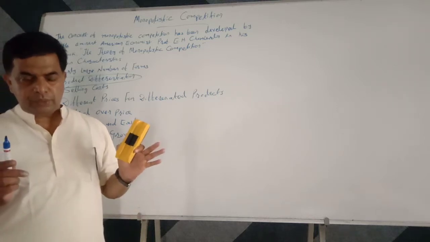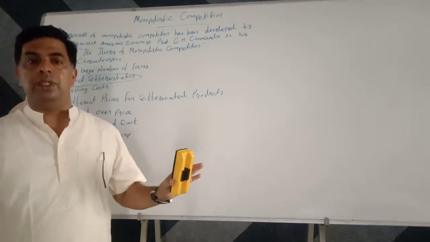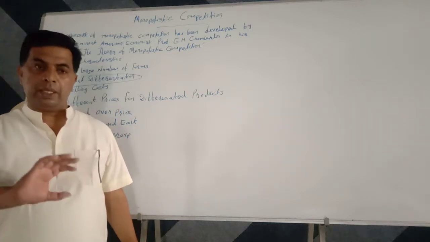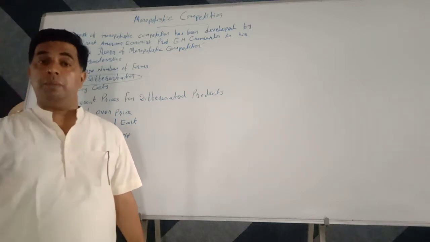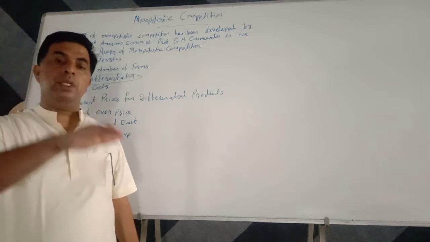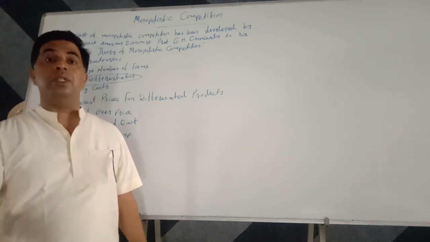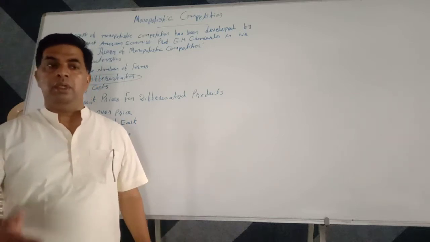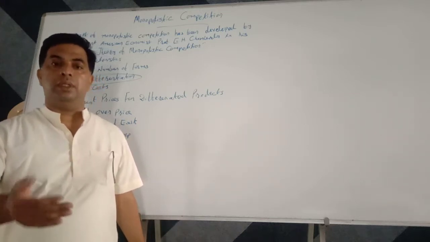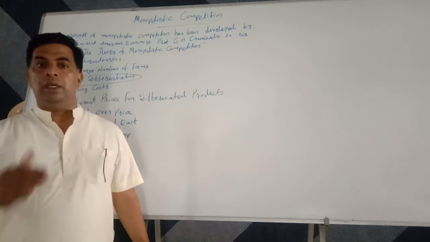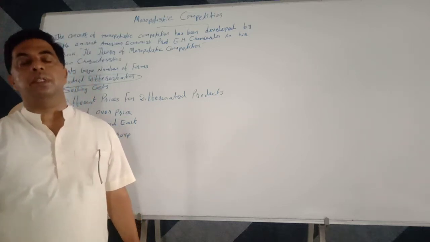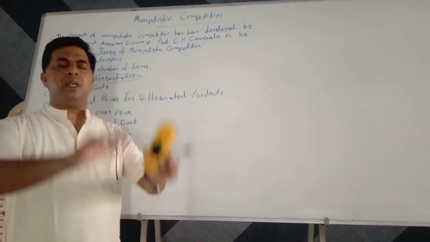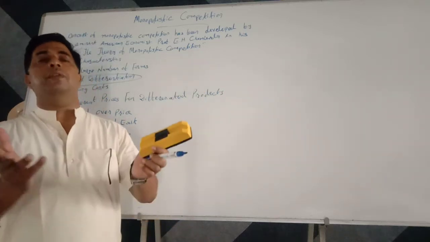Second, the other methods of differentiation are practices like convenient location of the shop, attractive display, courtesy, seller's reputation in the market, services like credit facilities, service of repairs and maintenance, acceptance of unsold stock, home delivery, etc. These will also create product differentiation.